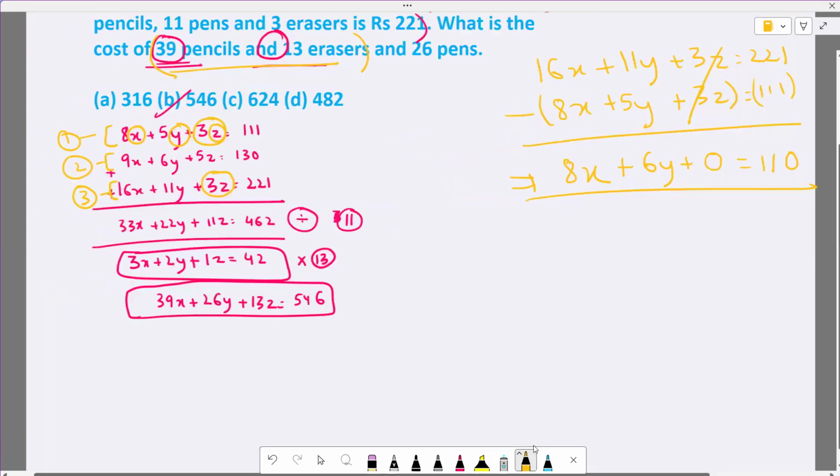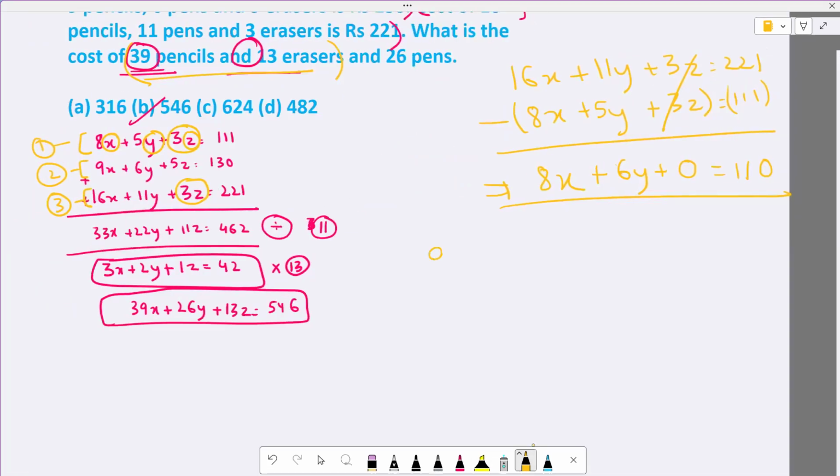So we can take these first two equations. We can write here 9x plus 6y plus 5z equals 130. And also we can take 8x plus 5y plus 3z is equal to 111.